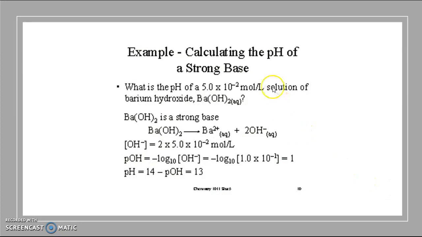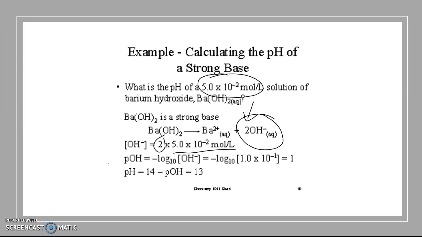In the case of the pH of a strong base, well, the same thing happens. The concentration of the base is the same as the concentration of the OH in the solution. Then, as you have a 2 in here, you have to multiply the concentration of the base by 2, and you get the concentration of the OH ion.